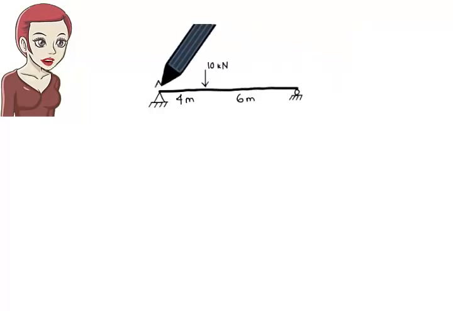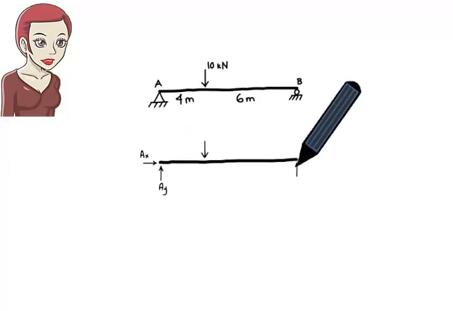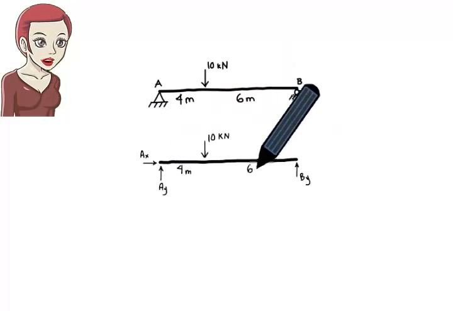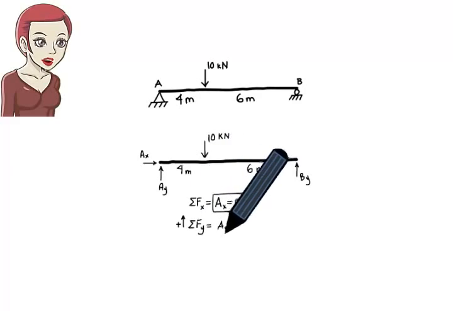The load is applied 4 meters away from the left end of the beam. We wish to formulate the shear and moment equations for the beam. Step 1. Find the support reactions. This involves drawing the beam's free body diagram, formulating the equilibrium equations for the entire beam, then solving them for the unknowns.